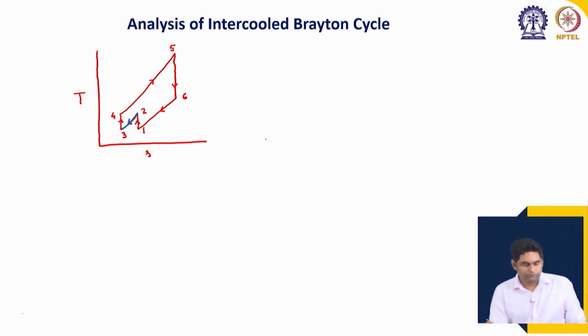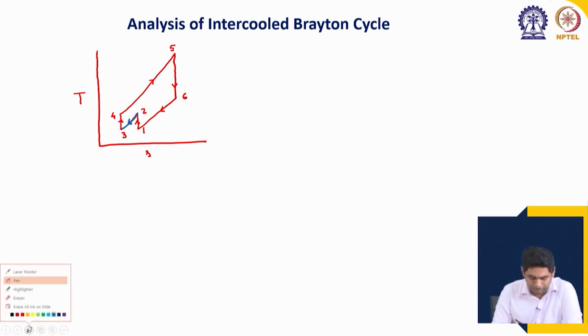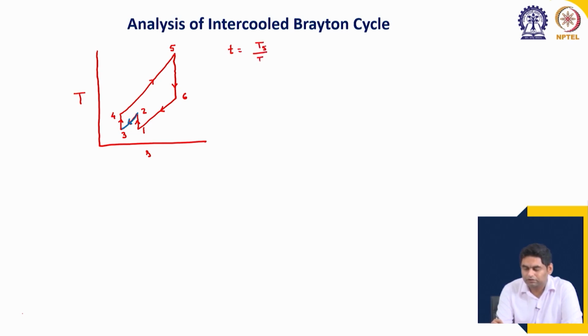Now, to analyze this we will define some parameters, some of which we have already used. For example, the temperature ratio T is defined as T5 by T1. In this case T3 is also equal to T1. Why is T3 equal to T1? Because in the intercooler, the cooling is done by taking water from ambient conditions.